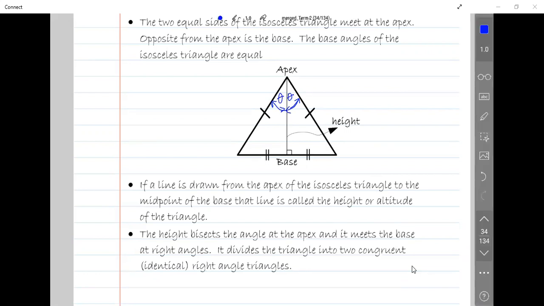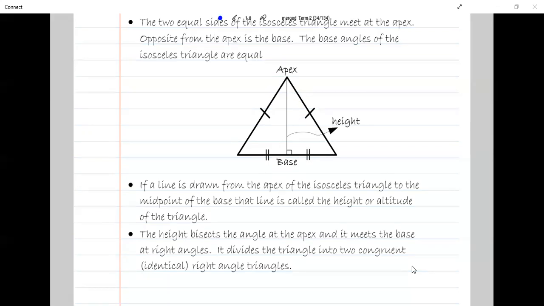So I'll say that again. If a line is drawn from the apex of the isosceles triangle to the midpoint of the base, it means that it cuts the base into two equal halves. That line is called the height or altitude of the triangle.